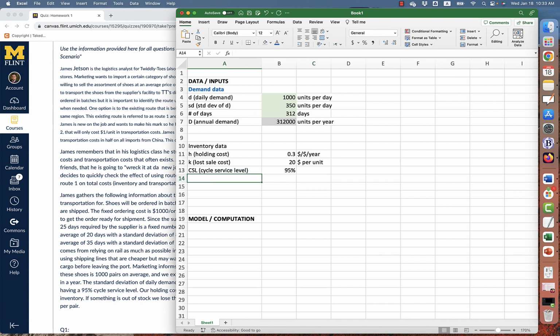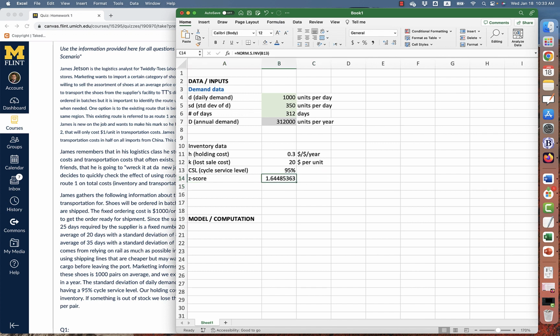Okay, and then just like I did with demand, I know that the cycle service level is not directly used in the formulas, but the z-score associated with the cycle service level is used. So I will compute the z-score, and the formula to convert cycle service level as a number between 0 and 1, like 0.95, 0.99, 0.85, 0.93, 0.97, whatever it is, is norm.s.inv, and you give it the 0.95, and that becomes 1.64485.